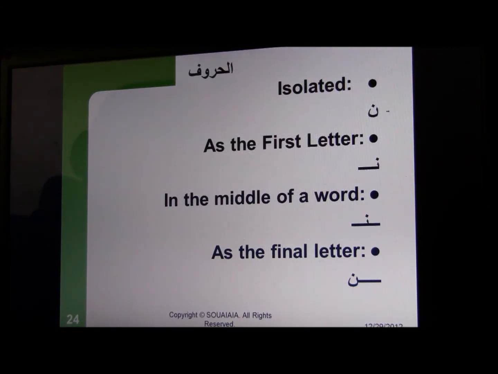So here it is, isolated. Now pay attention here as well. When it's first letter, it doesn't go below the line at all, so it's all written above the line. So you start there, and then you pull forward, then you go to the next combination of letters, and you put the dot. If it's medial, the same way, it's written all above the line.